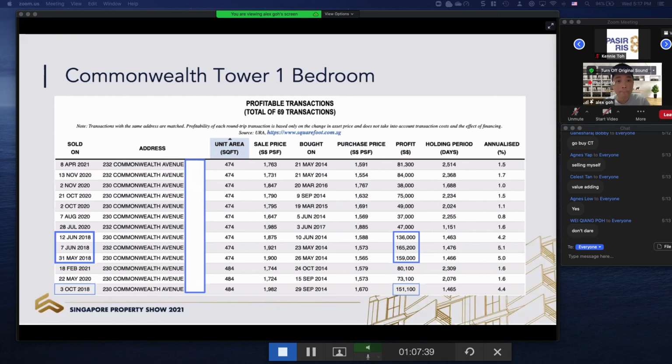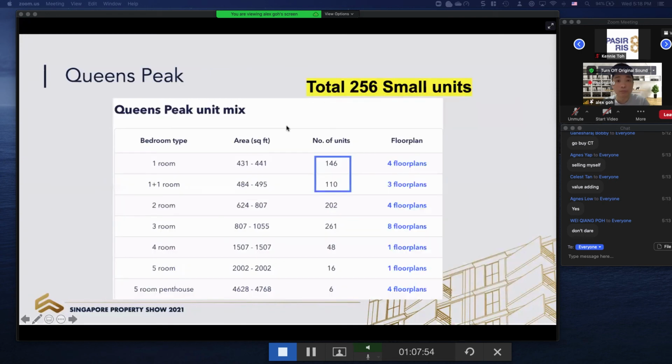So do you know what causes the drop? Not sure, no idea. So then maybe we can look at the next slide over here. Queen's Peak TOP was in 2020.